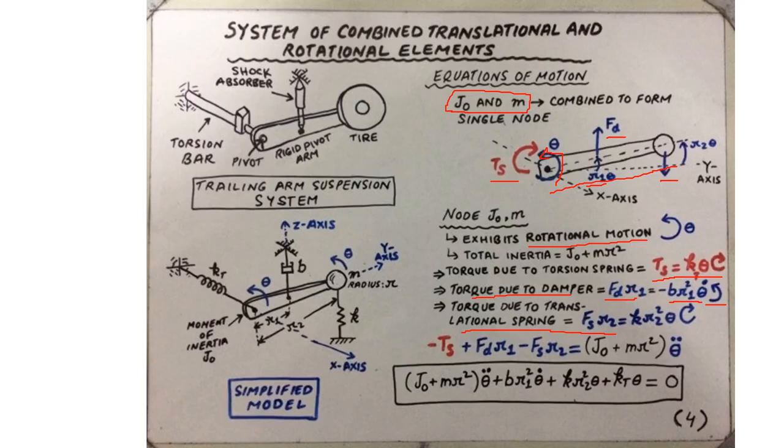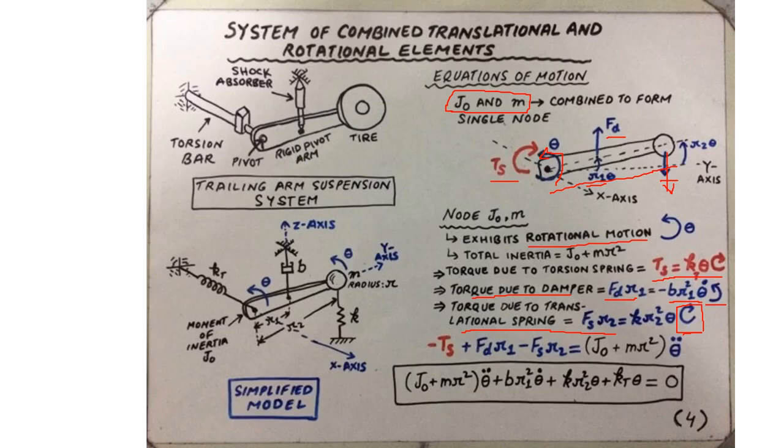Fs times r2 equals k r squared theta, and this torque is applied in the counterclockwise direction as shown here, and that's because the spring force is acting downward and it is acting against the displacement variable theta.